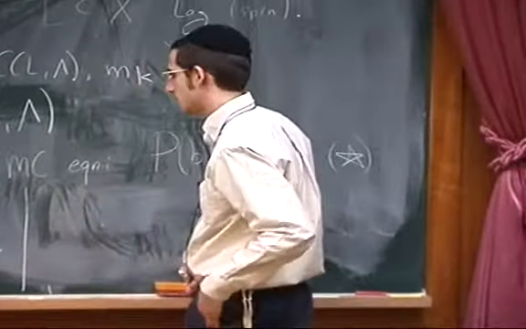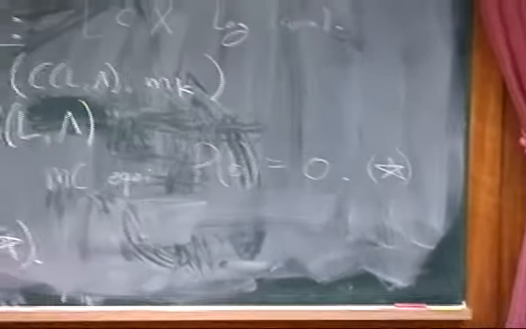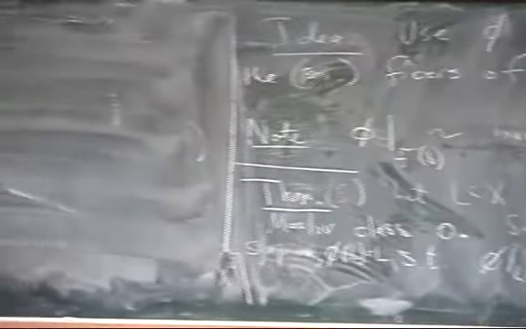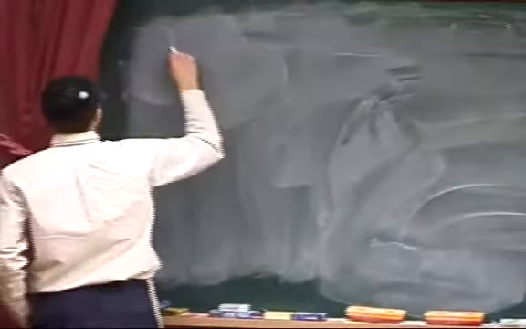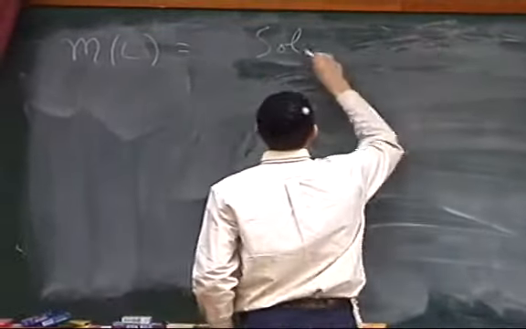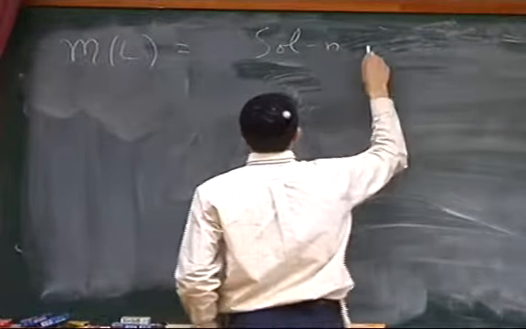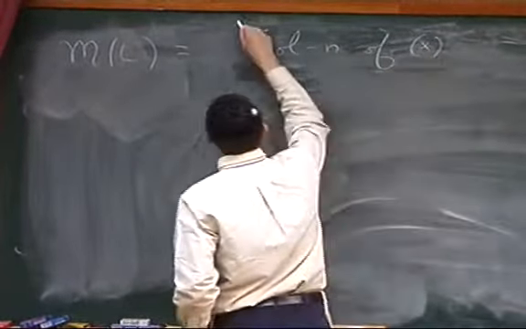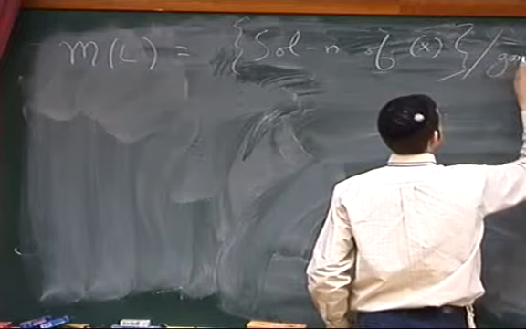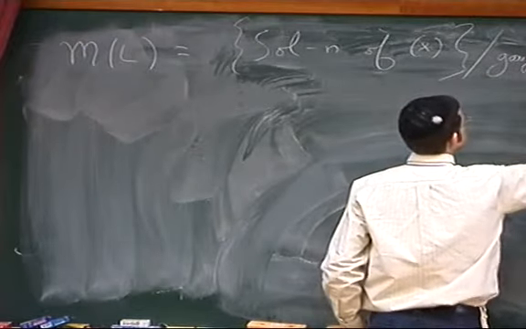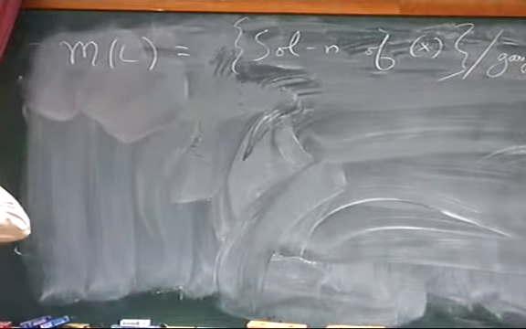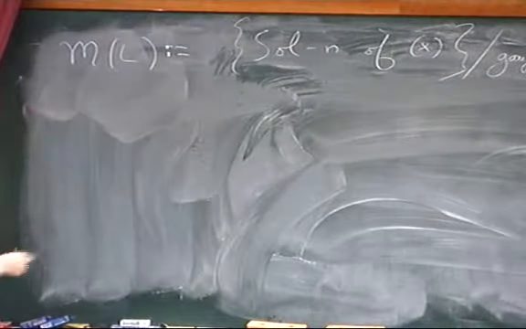The first thing is, what is the meaning of a solution of this equation? Let's define M of L as the solutions of the Maurer-Cartan equation modulo some kind of gauge equivalence. I'm not going to say what that is, but in a second I'll say something which makes it vanish, so you won't need to know. This is all explained in FOOO, following their notation even.